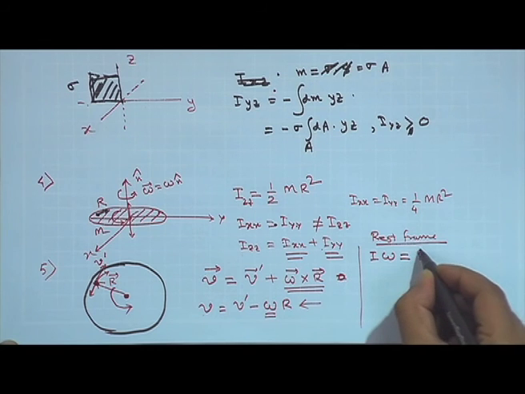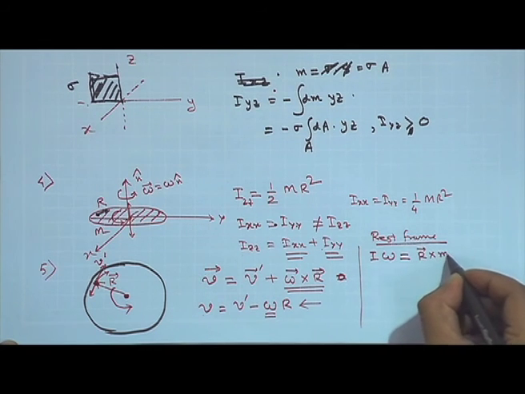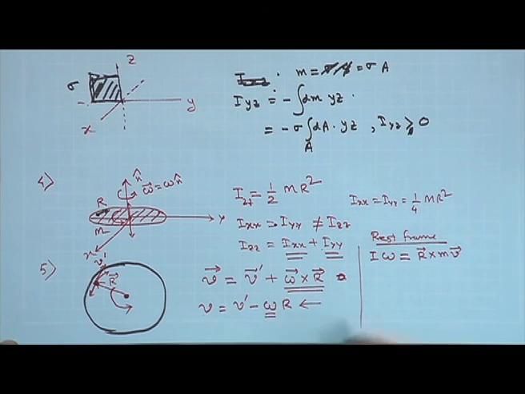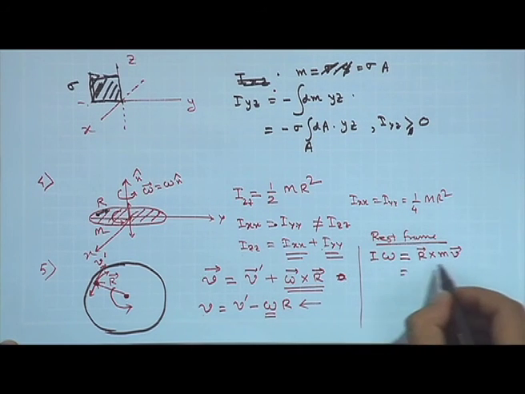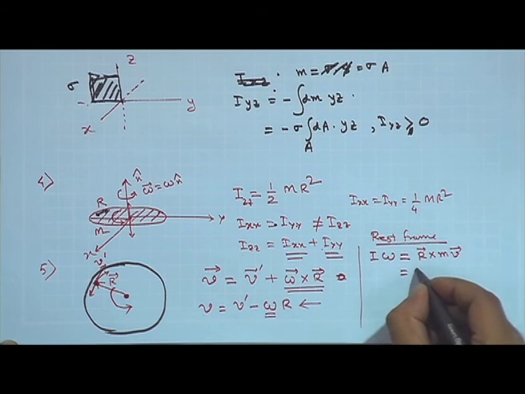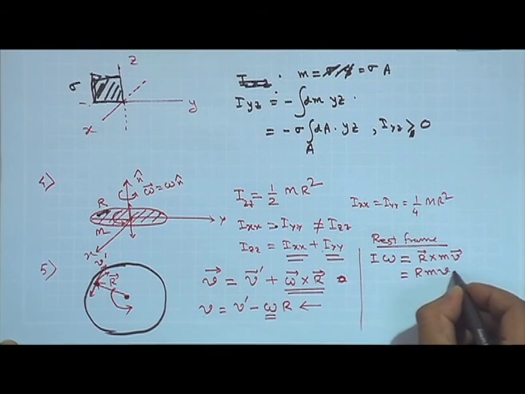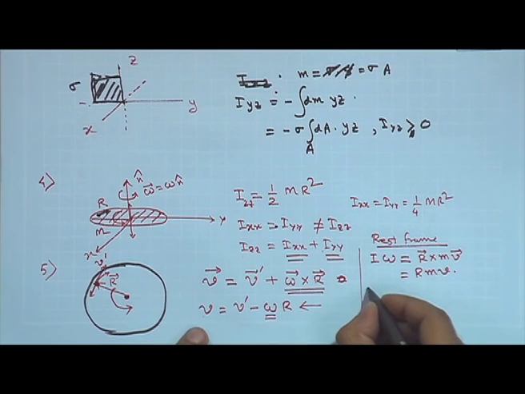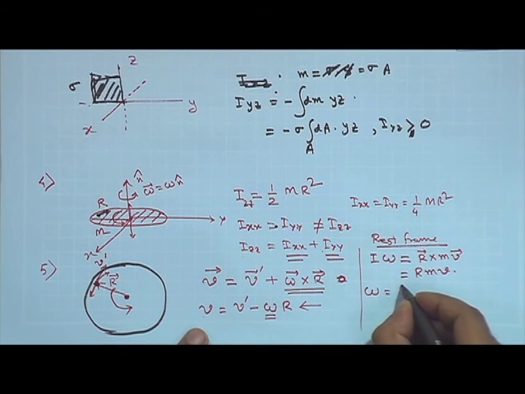So if we see from rest frame, only then I can write I omega is equal to r cross m v, right, and this will once again give you r m v, right. So omega is equal to r m v by I, right.